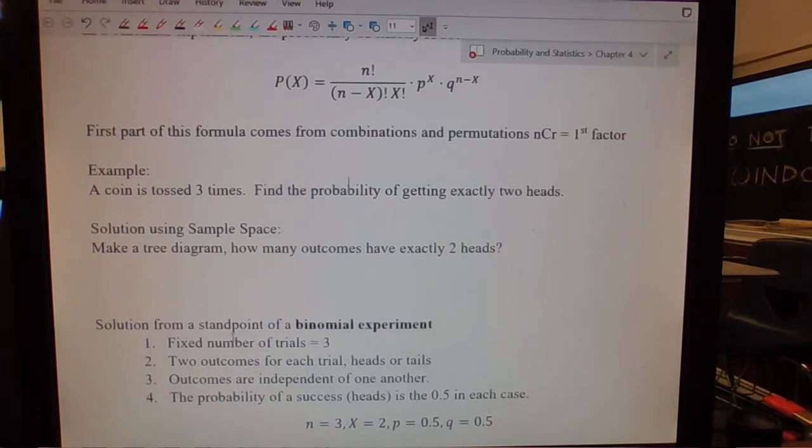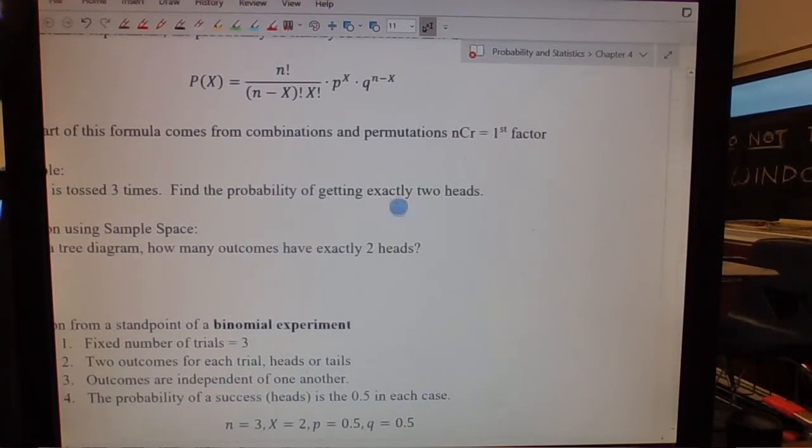So it says a coin is tossed 3 times. Find the probability of getting exactly 2 heads. Here it says make a tree diagram of how many outcomes have exactly 2 heads. So we've done this before. We've taken a coin and said, okay, on the first toss, we could have heads or tails, correct?